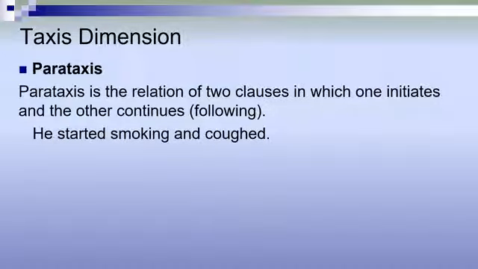It's like he started smoking and coughed. So the smoking and cough cannot be interchanged. The cough here happens because of the smoking, and therefore the order is usually displayed with the marks 1 and 2. Smoking is 1 and cough is 2.